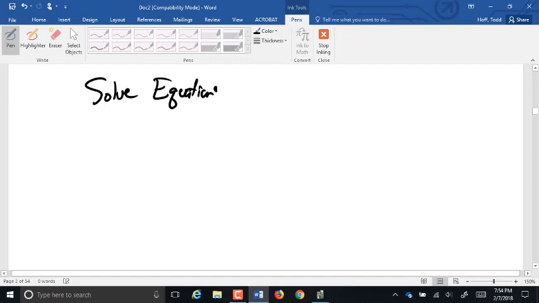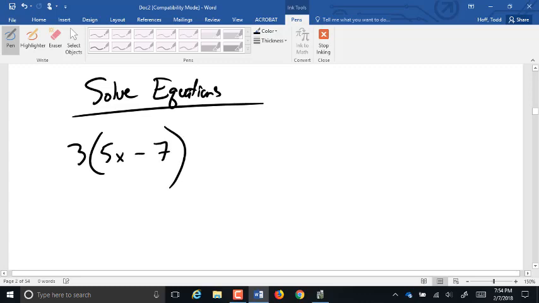Okay. You need to be able to solve equations. And you may see such fun problems as things like this. Okay, let's make sure I've got this right.